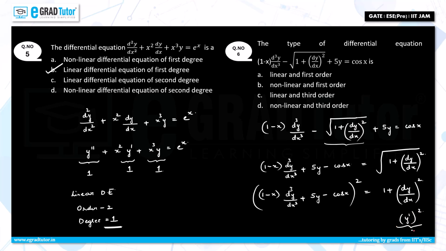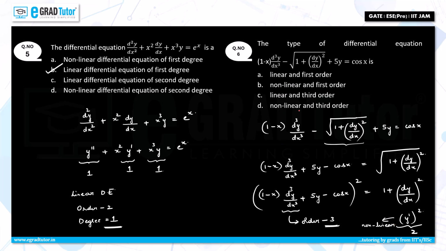Okay, the degree is 2 here. So even if there is one term which is having a combined degree more than 1, the equation is non-linear. So what is the order here? What is the highest order derivative? Order is 3. Okay, so this is a non-linear differential equation.